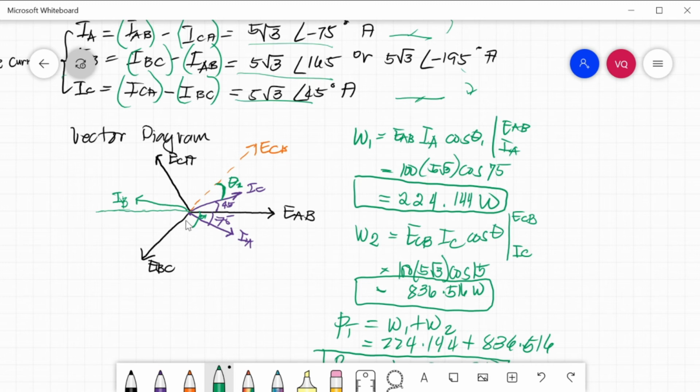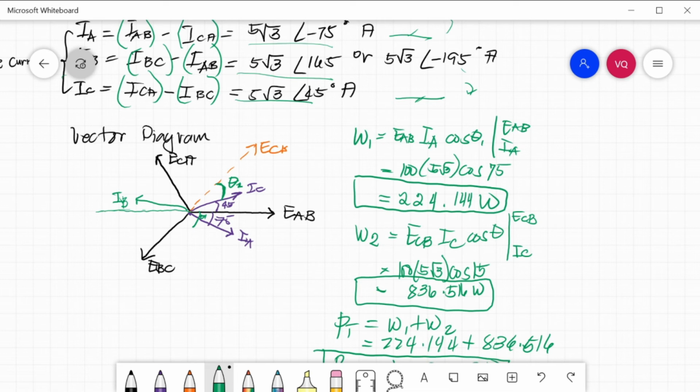Since this is 180 degrees from EBC to ECB, it is 180. And then, the angle between IC and the reference is 45. And the angle between EBC and EAB is 120. You can solve theta 2 equal to 180 minus 120 minus 45. So it will result to 15 degrees. Getting now the value of your wattmeter 2, that is equal to 836.516 watts.